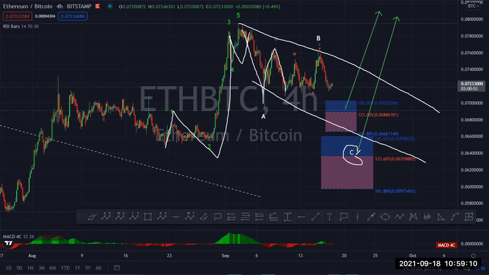Then if something happens that it doesn't get to this low, it can turn from this low. So we have 2 options, either from here or from here. But I will advise you, if you turn from here, don't be in a haste to buy. Let me show you something more.